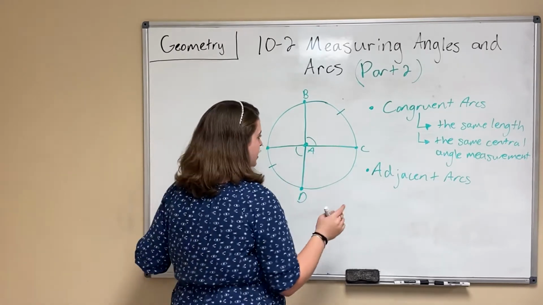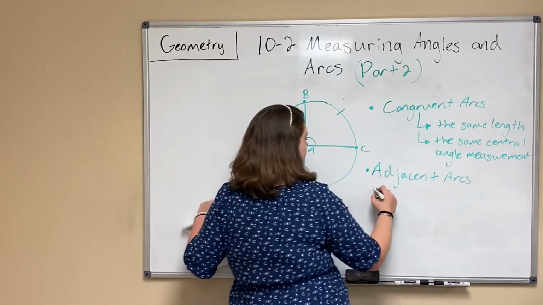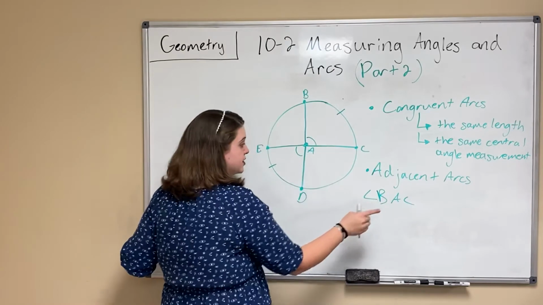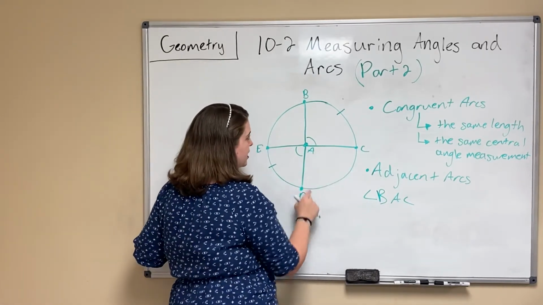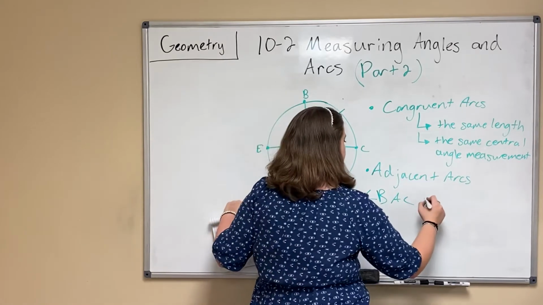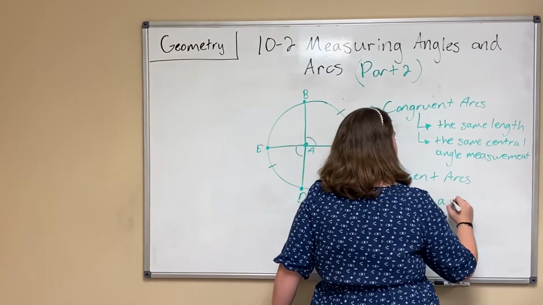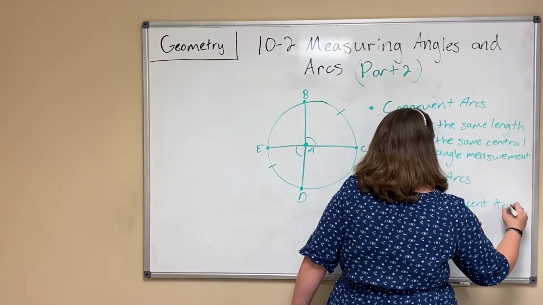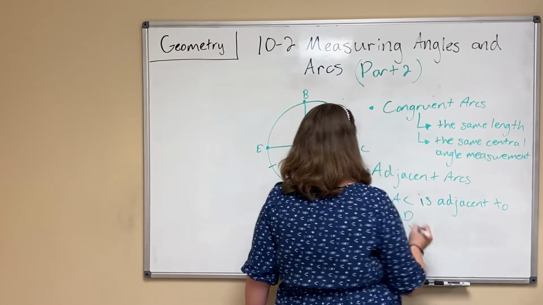What else we can tell is that BAC, this angle, is adjacent to, or next to, remember that from our talking about angles, CAD. So BAC is adjacent to angle CAD.